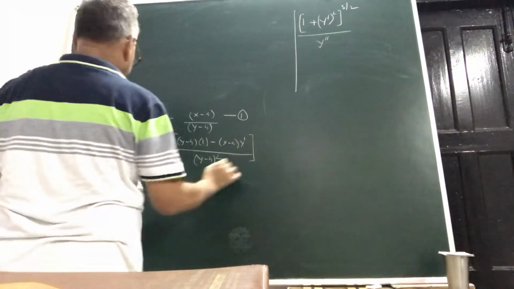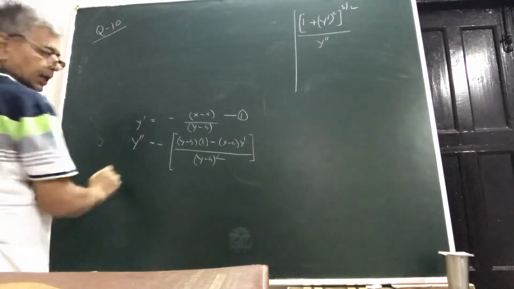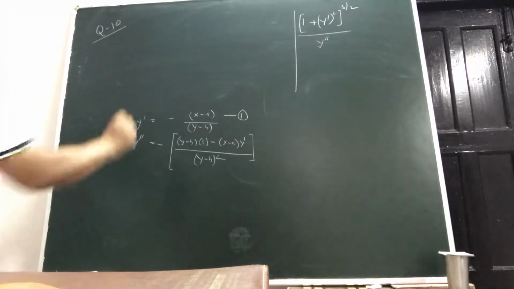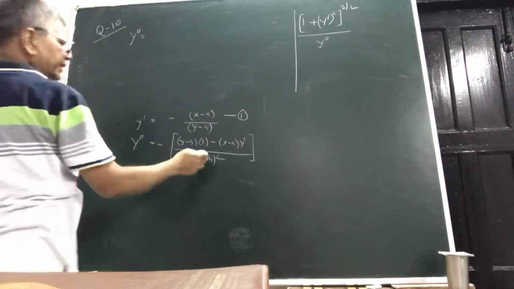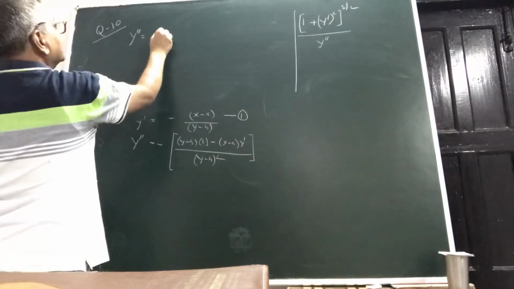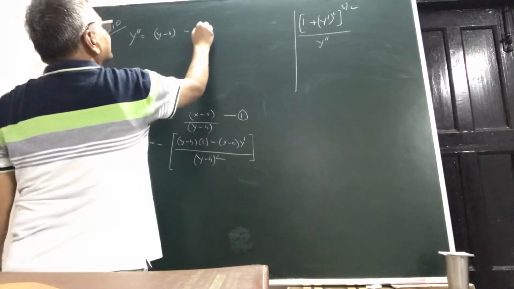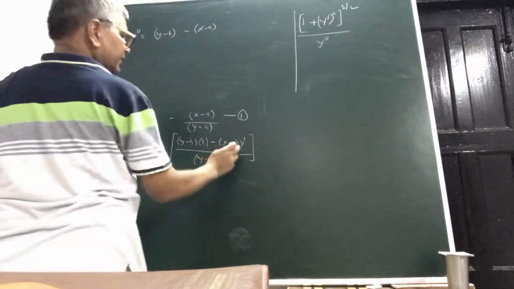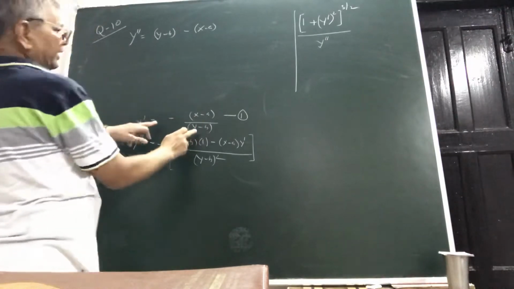So this on simplification will fetch you what? y dash will be equal to y minus b whole square, y minus b in the numerator into 1 minus x minus a into y dash, and what is the value of y dash? It is minus x minus a upon y minus b.